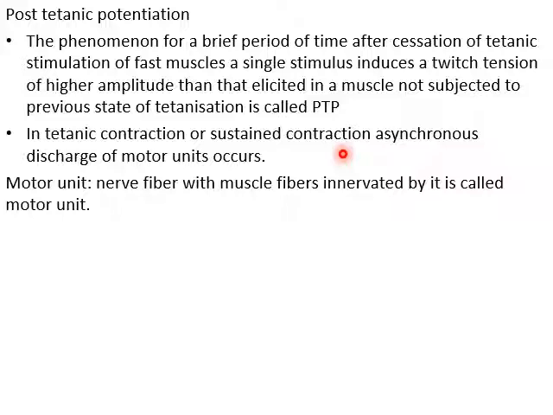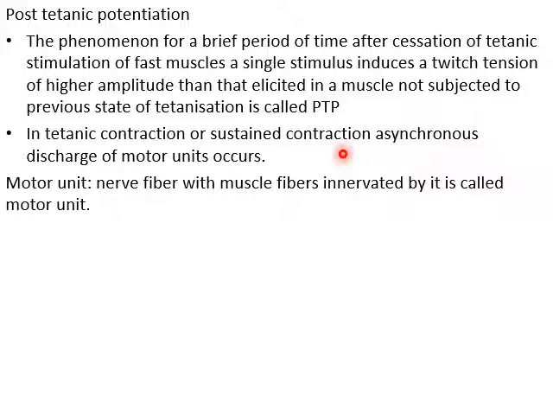Now in this sustained muscle contraction, there is asynchronous discharge of motor units. Now one more question to all of you. Do we see sustained muscle contraction or tetanic contraction in our body? Yes or no? The answer is yes. We do see sustained muscle contraction or tetanic contraction in our muscles, that is seen in anti-gravity muscles.